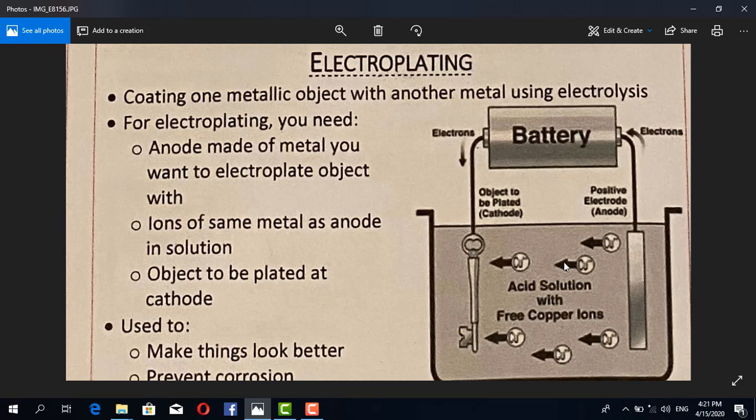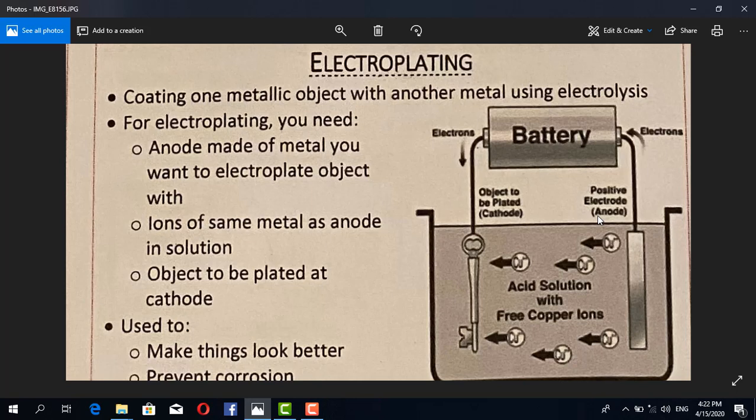Why do we use electroplating? We use it to improve the properties or appearance of a metal. For example, I've got silver jewelry, but I want to coat it with a layer of gold, so it gives me a better appearance. Or I cover the metal to prevent it from rusting.